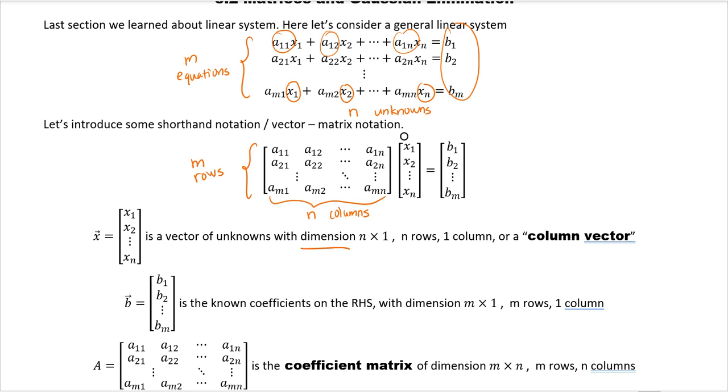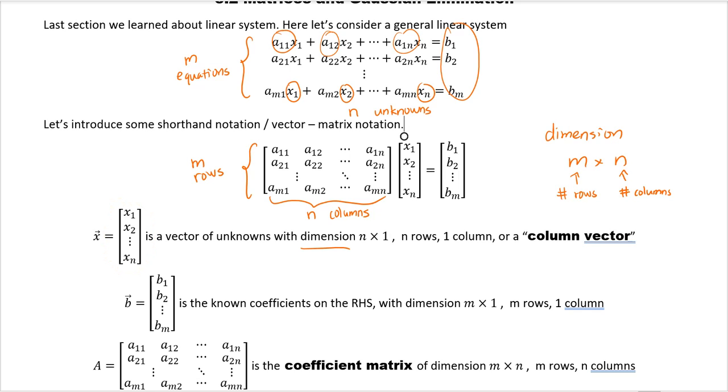This is how we define the dimension of a matrix or vector: we use m by n, where m is the number of rows and n is the number of columns. So this x has n rows and 1 column, so it is a column vector.